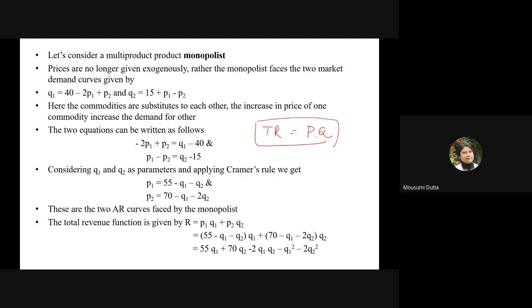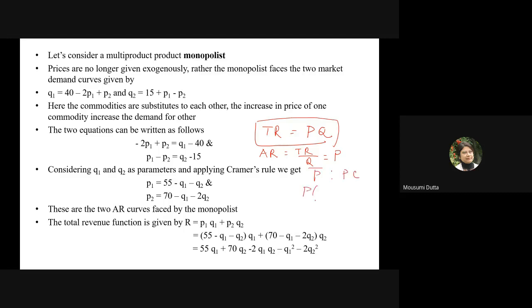This P may be a function of Q, may not be a function of Q, depending on the context. However, this is always the equation for TR. Now, what is AR? P into Q by Q, so this is equal to P. Average revenue is TR by quantity, so always it is equal to P. This P may be constant under perfect competition.